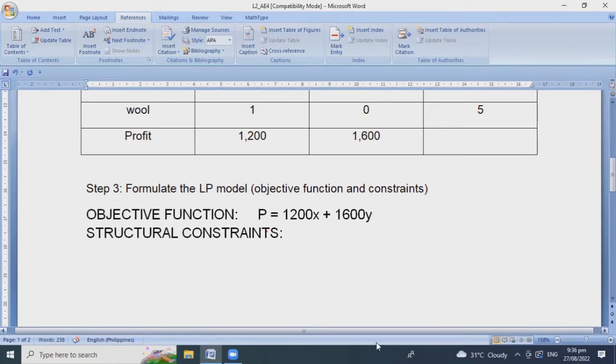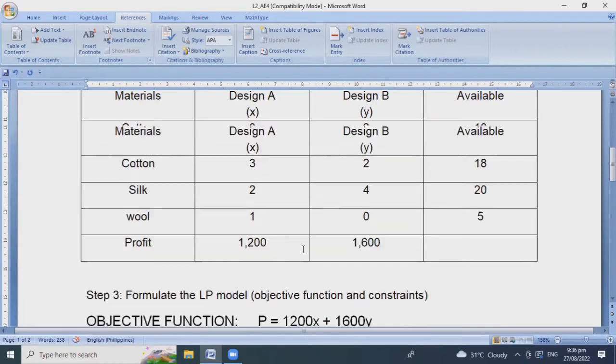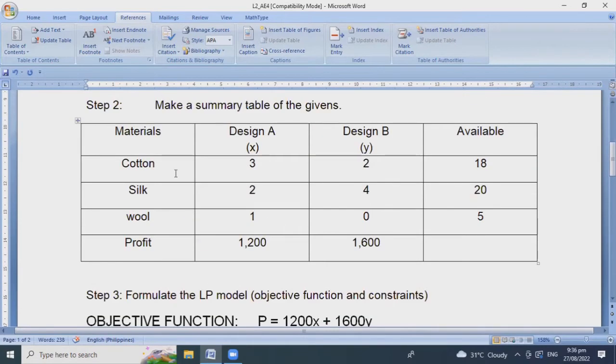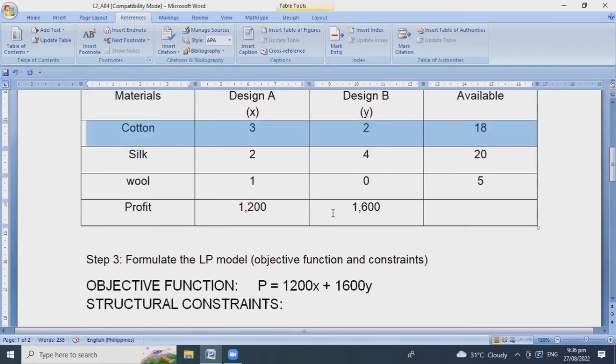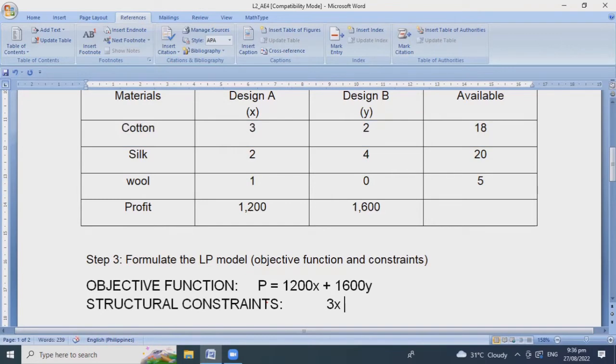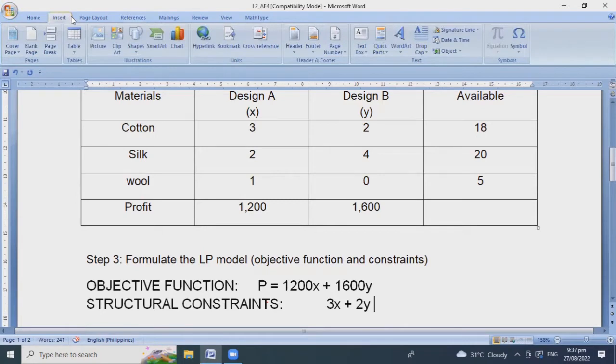Structural constraints, we are referring to our inequalities taken from our given. So for cotton, we will write this across. So multiply for cotton, so 3x plus 2y less than or equal to 18.